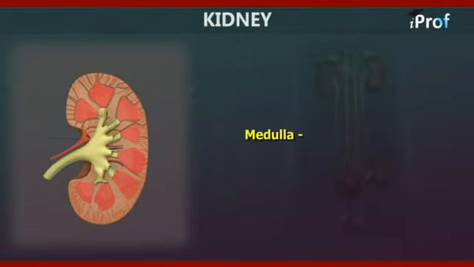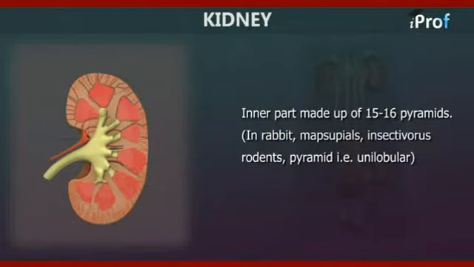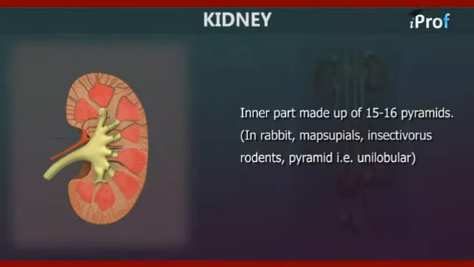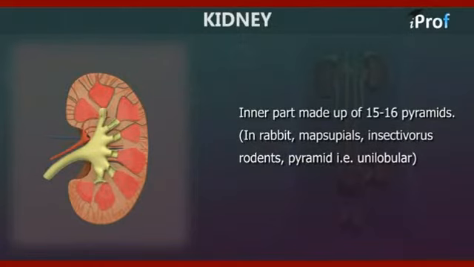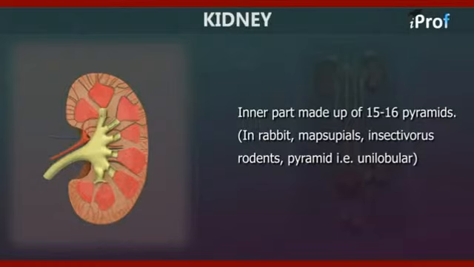Inner part of kidney is called medulla. It is made up of 15 to 16 pyramids in rabbit, marsupials, insectivorous rodents. Pyramid only one, that is unilobular.